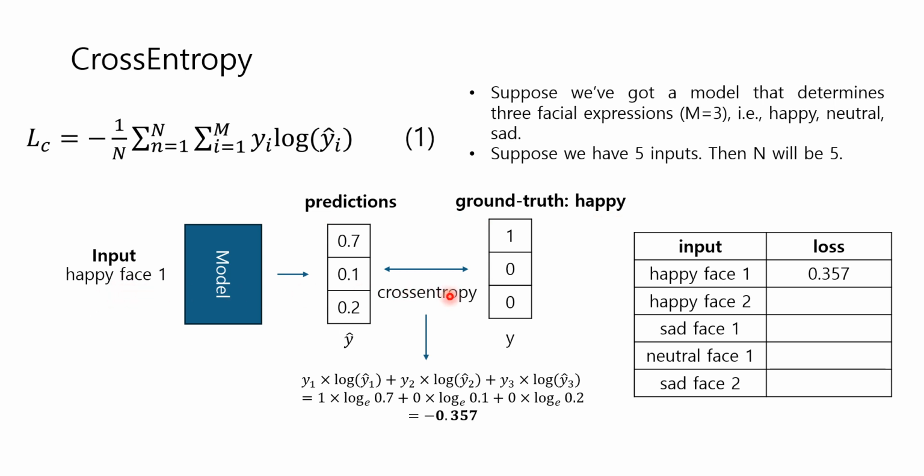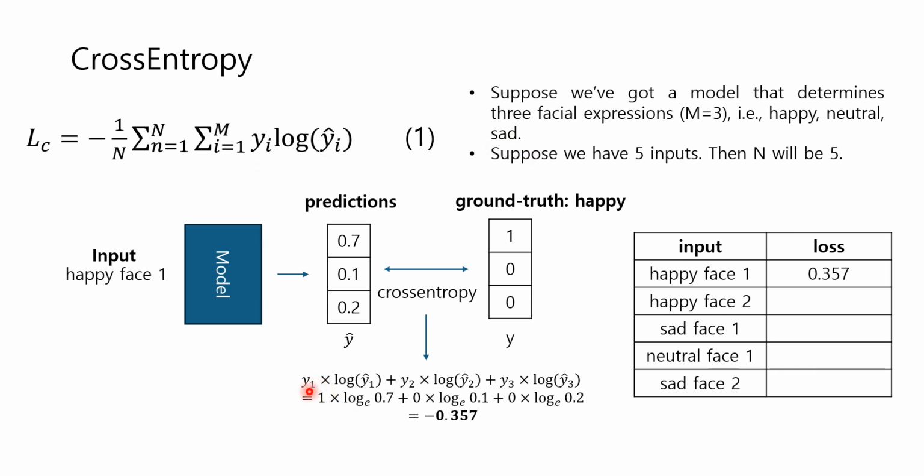And if we calculate the cross entropy between these two vectors, let's take this part first. Then M is 3, because we assume we have a model that determines one of 3 emotion categories: happy, neutral, and sad.